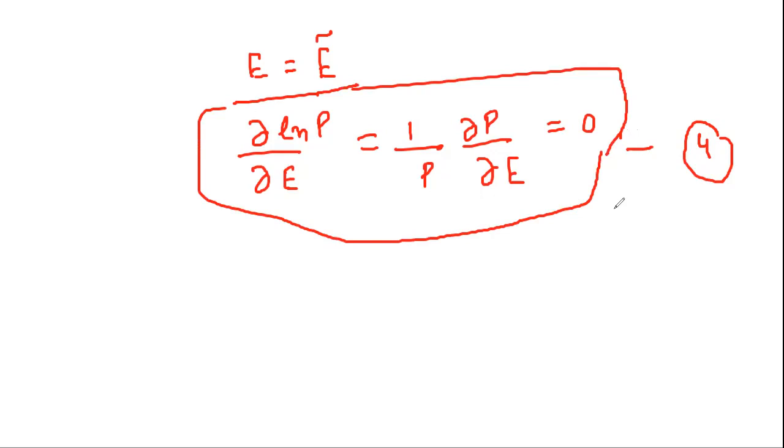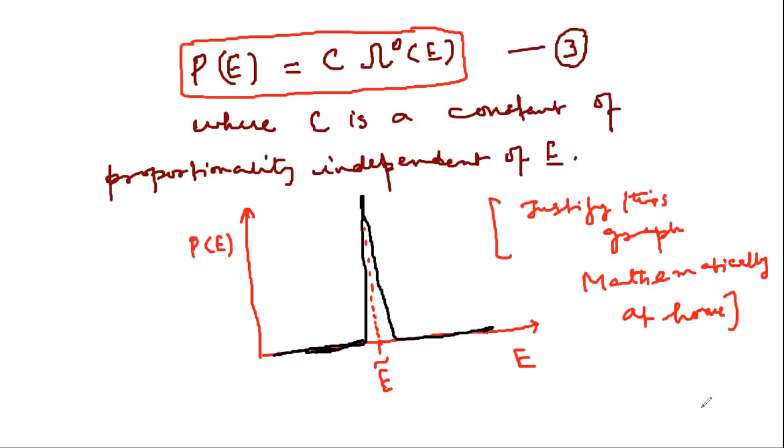So what is the idea? The idea is we have first expressed this probability function using equation 3 in terms of the total states accessible to the combined system. Then we said this P of E has a sharp peak at some energy E equal to E tilde.